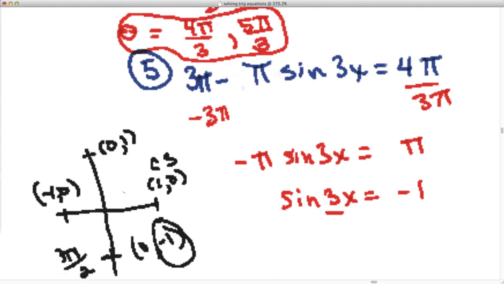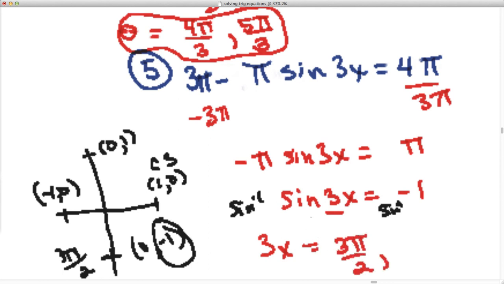Now, when you do sine inverse on both sides, you're going to be left with 3x equals 3 pi over 2.